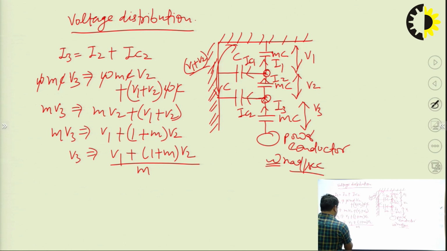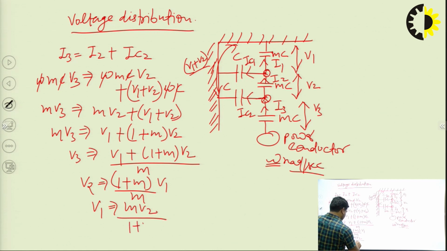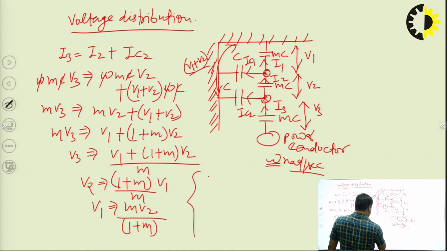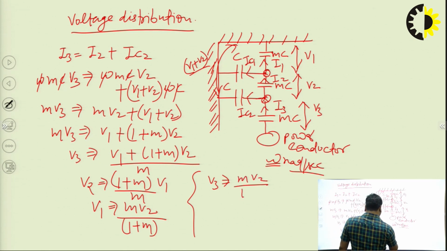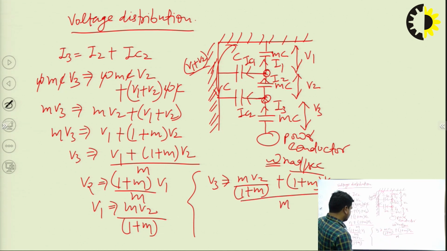So in this case, we have seen that V1 equals V2 into (1 plus M) divided by M, so we can replace it. Here V3 comes as V2 upon (1 plus M) plus (1 plus M) divided by M, into V2.